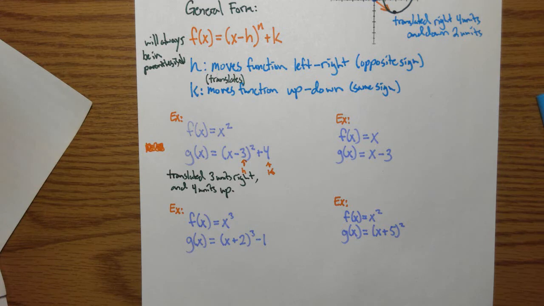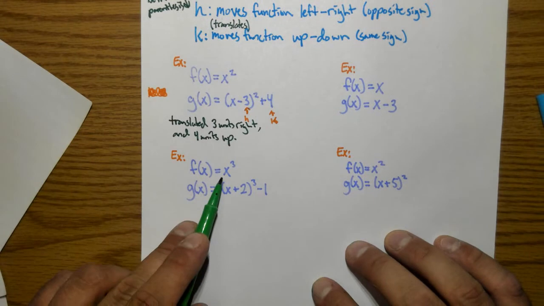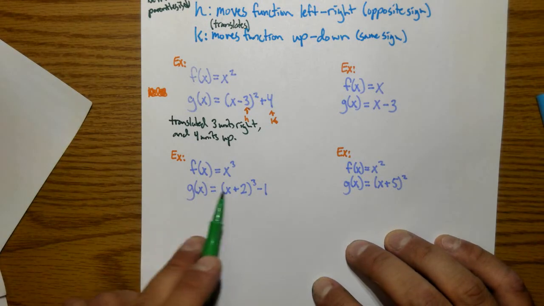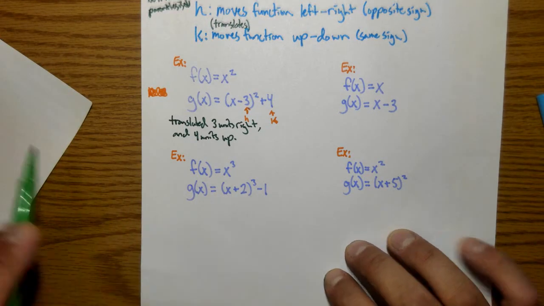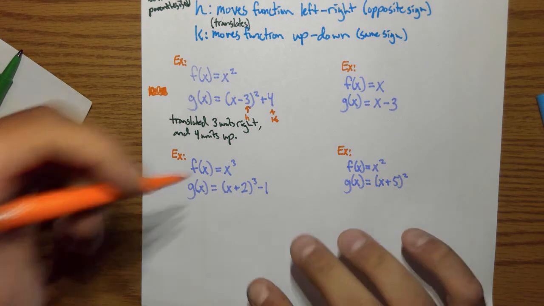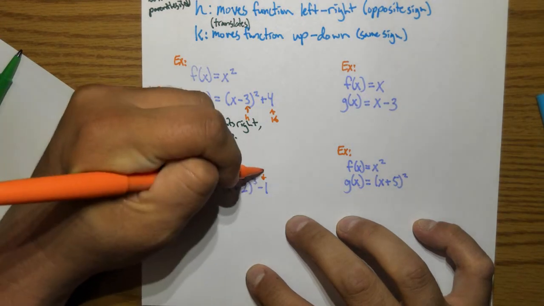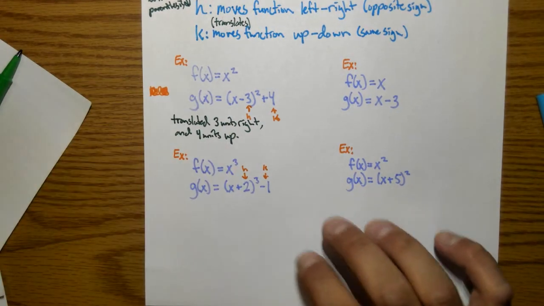Okay. Moving on to another example. Here we have f of x is equal to x cubed, and g of x is equal to (x plus 2) cubed minus 1. So again, let's just identify what our h and k are. Our h is 2, and our k is negative 1.